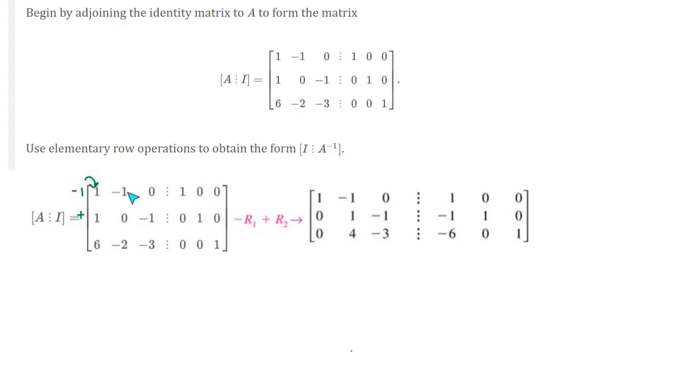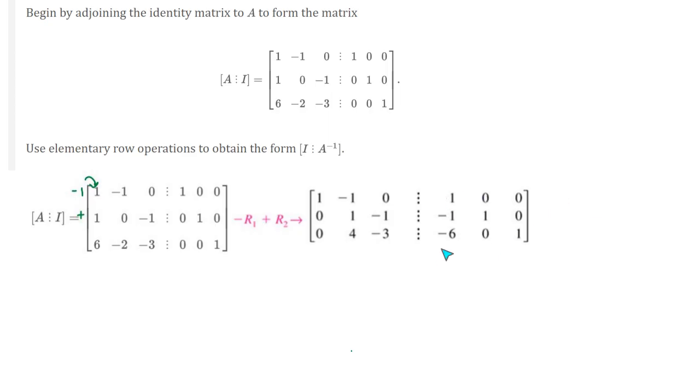And then -1 times -1 is +1 plus 0 is going to be a 1. So this one here. And -1 times 0 is 0, plus -1 gives me -1. And -1 times 1 is -1 plus 0, -1. And -1 times 0 is 0, plus 1 is 1. And -1 times the last 0 is 0, plus 0 is 0.